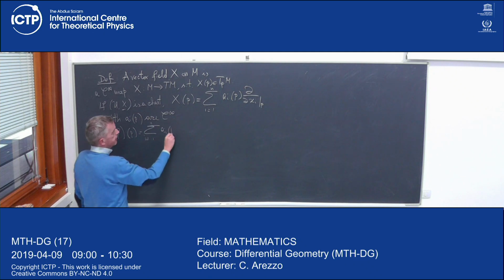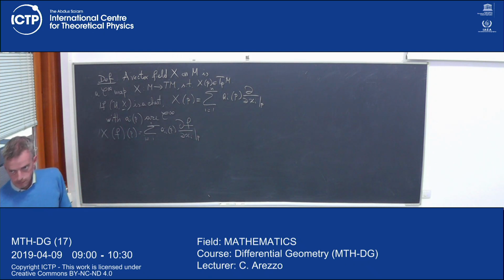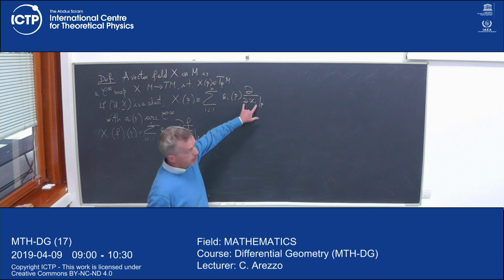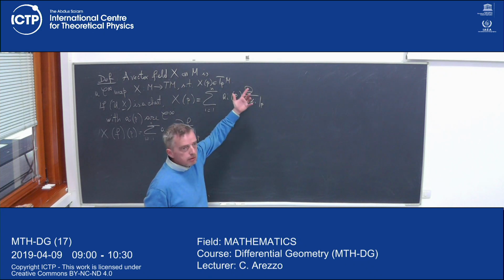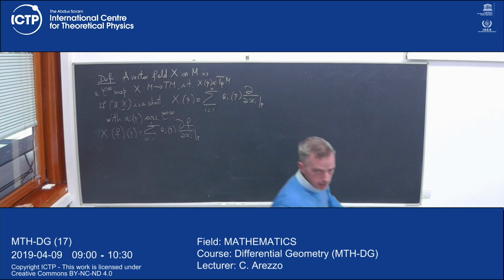Locally, it will look like this. Remember that this is an operator now, because that's the only thing I have. So it's something which takes a function and gives me the derivative of this function in this direction.